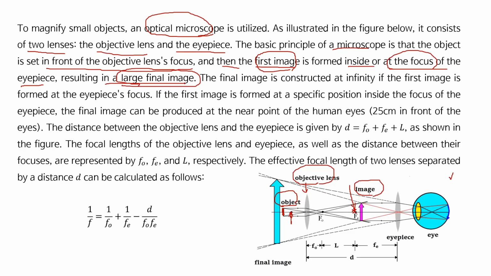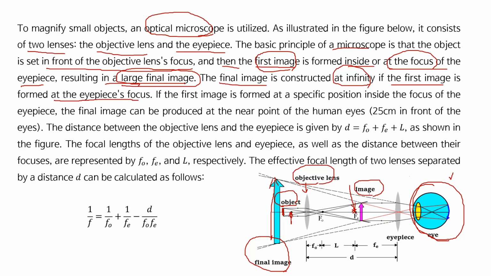Then this final image can be seen by our eyes. It's very large. The final image is constructed at infinity if the first image is formed at the eyepiece's focus.